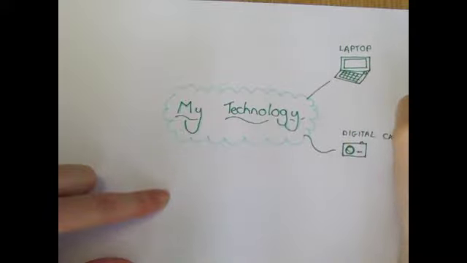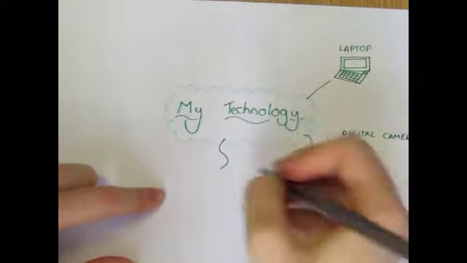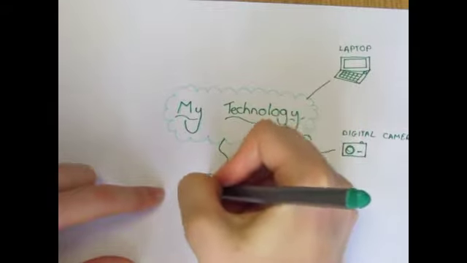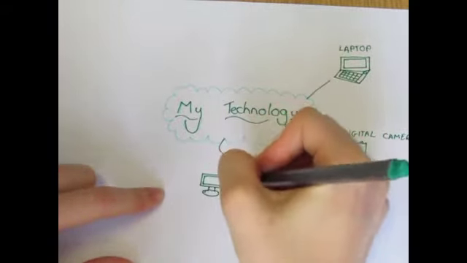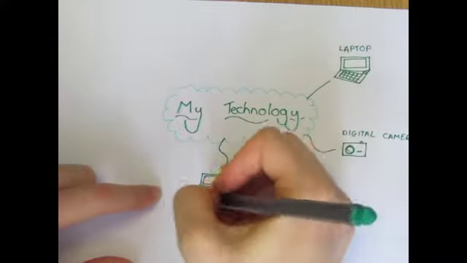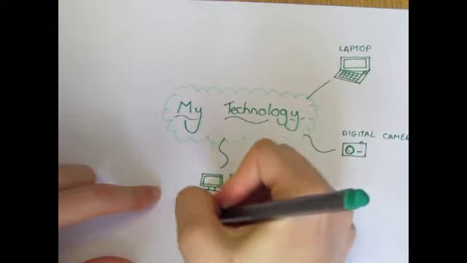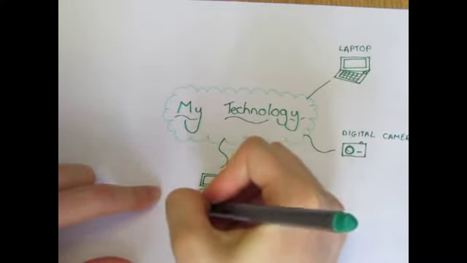You should then ask them to visually represent in words or pictures all the different types of technology they use or have access to. For example, laptops, school computers, cameras and mobile platforms such as smartphones or iPods. The key thing here is not whether they own the technology or not, but whether they use it on a regular basis.